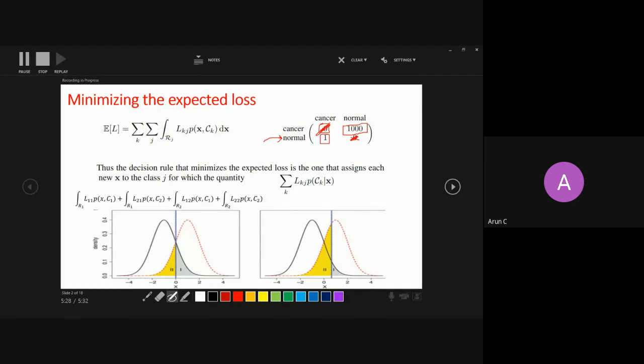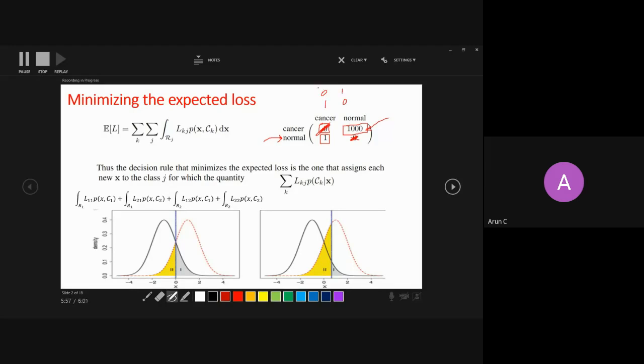So we are putting some penalties here, and these penalties are not uniform. You see that we are putting a very high penalty in the case when a person has cancer and we say it is normal. If that is the case, then the definition of the optimal decision boundary will get changed. If the cost were uniform, it would be 1, 1.